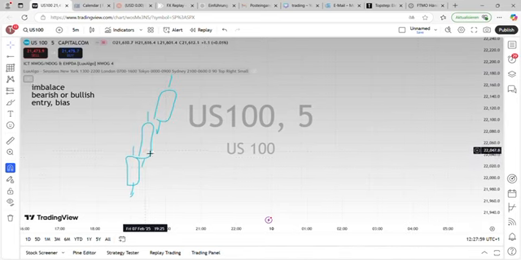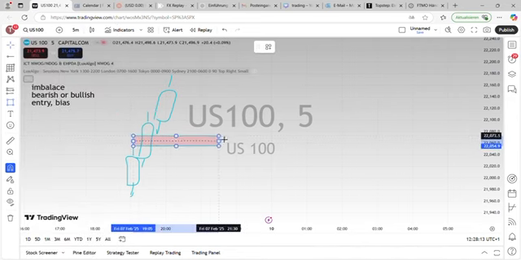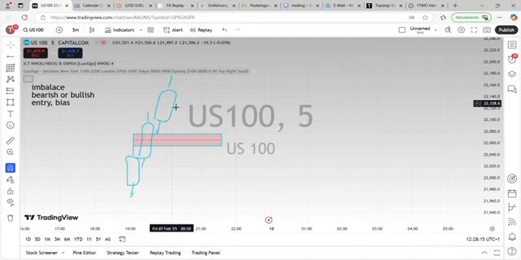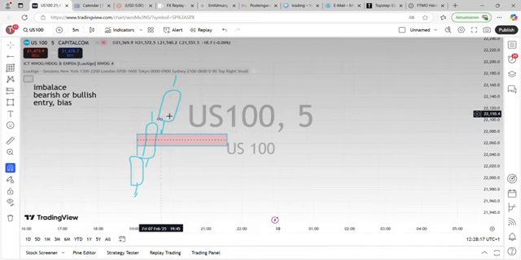A fair value gap, you see we have a gap between this wick and this wick, and you're going to mark your fair value gap from the top wick of the third candle to the first candle's wick.